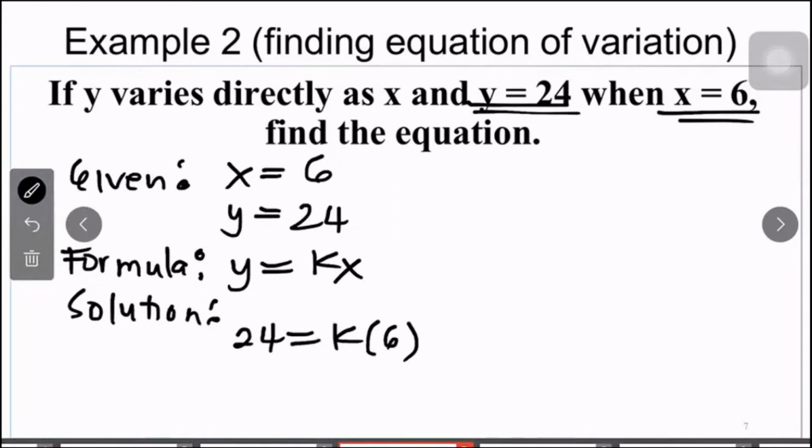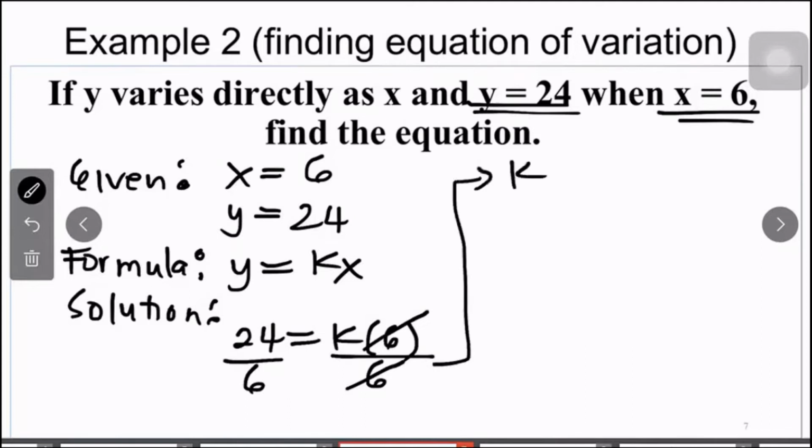Since our goal is to identify k, we need to remove 6 beside k by dividing both sides by 6. So 6 divided by 6 is only k, and 24 divided by 6 is 4. Therefore, we have k is equivalent to 4.